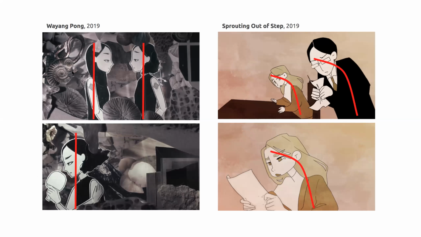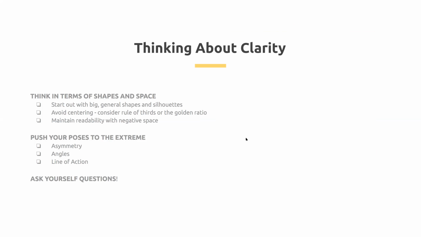I wanted everything to be filled. And then in Wayangpong, I really wanted to focus on the characters and their emotions in the scene. So those are sort of conscious choices. You also want to consider if the poses of your character match the nature and personality of the character. You can have certain types of body language assigned to one character, and it'll really communicate not only things about that character, but their relationship with others and their relationship with the world.